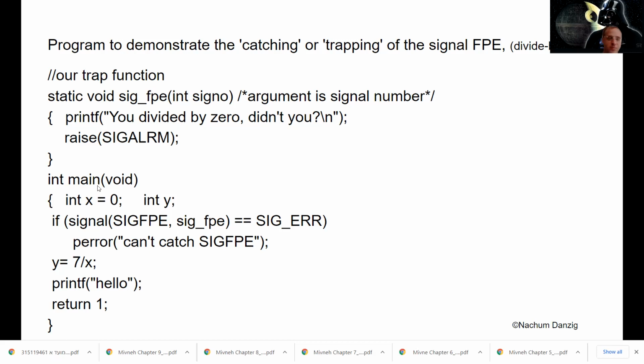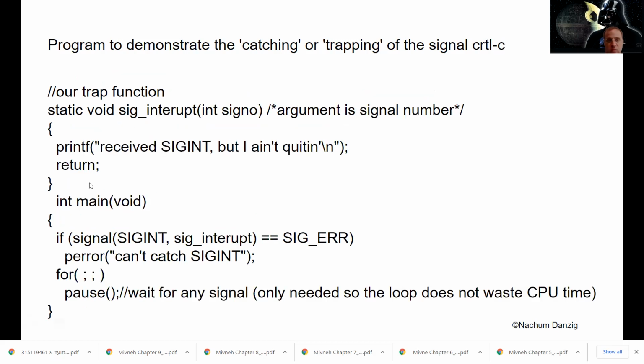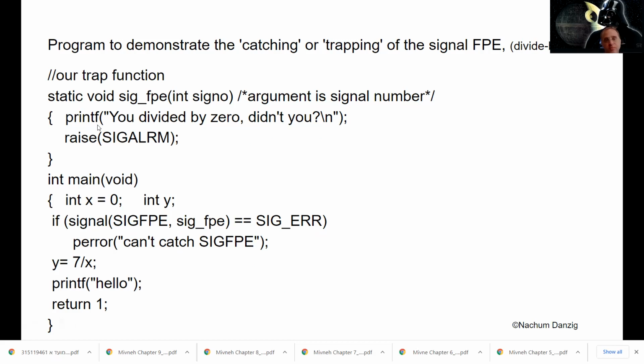So far I just wrote a function. I didn't use the function signal. Now I have to use the function signal. Remember, signal maps the signal that I want to a function.